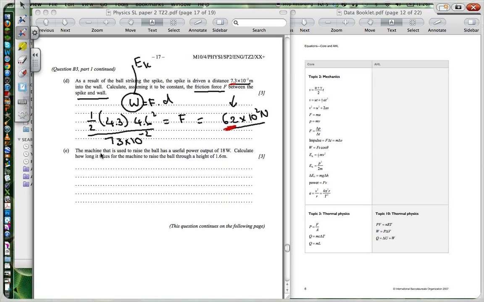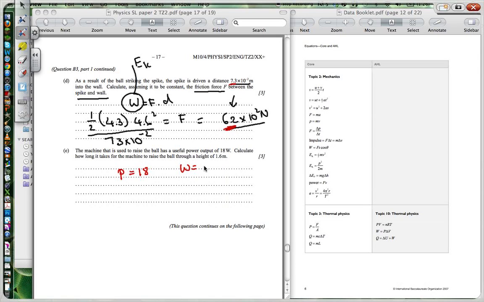Then finally it says the machine that is used to raise the ball has a useful power of 18 watts. So power is equal to 18 watts. How long does it take for the machine to raise the ball a height of 1.6 meters? Now the work to raise it 1.6 meters would be all the potential energy that it gets, which is mgh.